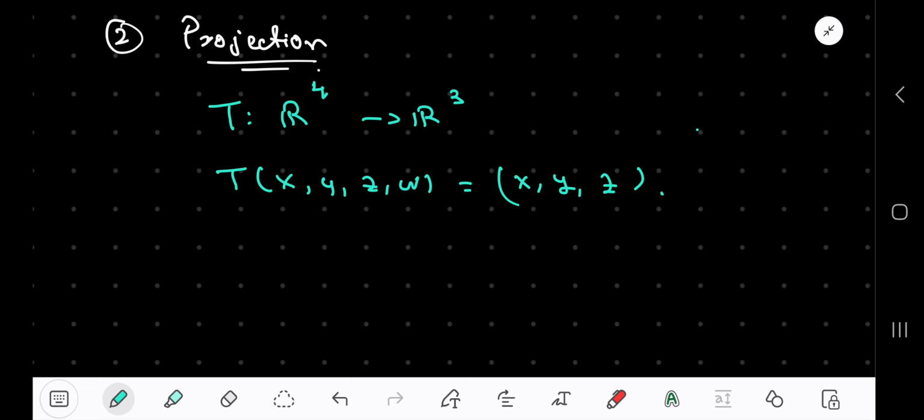So this is what we call the projection of R4 over R3. There is also something more technically called an inclusion transformation.